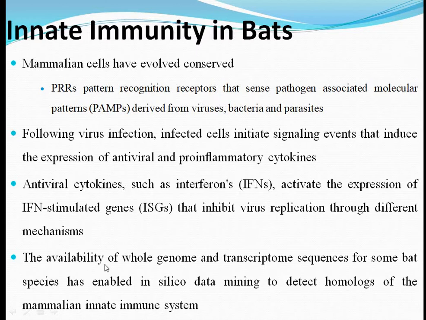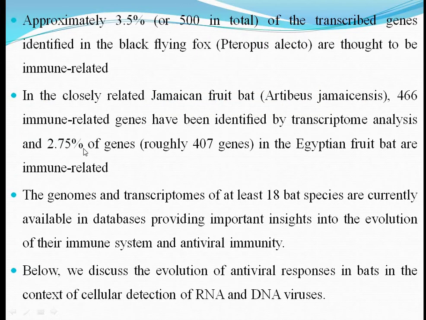Next, the availability of whole genome and transcriptome sequences for some bat species has enabled in silico data mining to detect homologs of the mammalian innate immune system. Approximately 3.5% of the transcribed genes identified in the black flying fox are thought to be immune related.